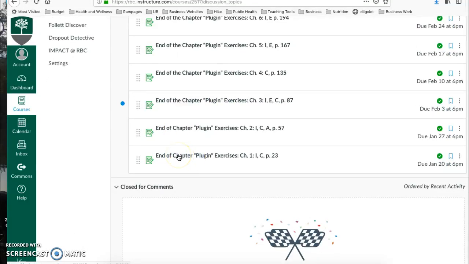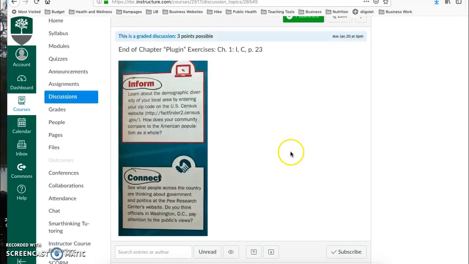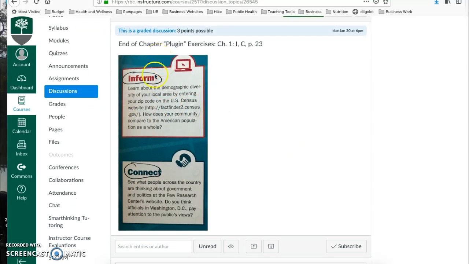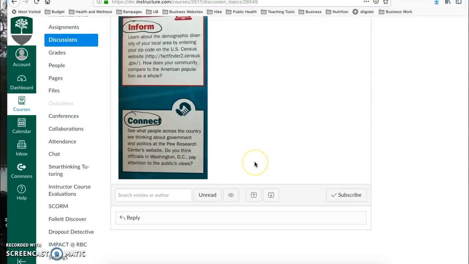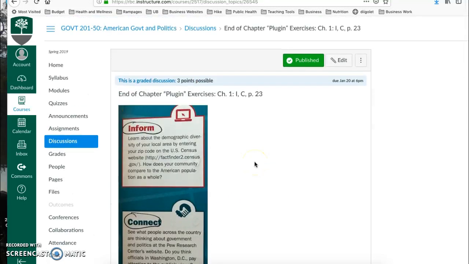Down here would be chapter 1. It tells you in the back of the text, if this is what you see on the back on page 23, that you have the right text. These are the 2 things that you're supposed to do in week 1. I want a full paragraph or 2 for each of these answers. And if you have any questions, please email me.